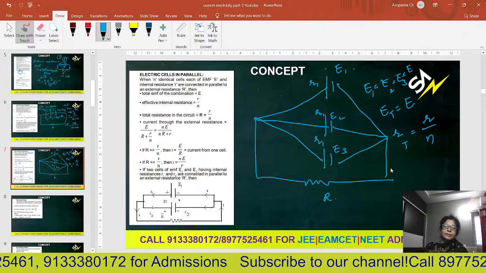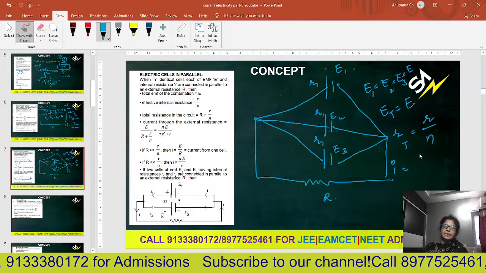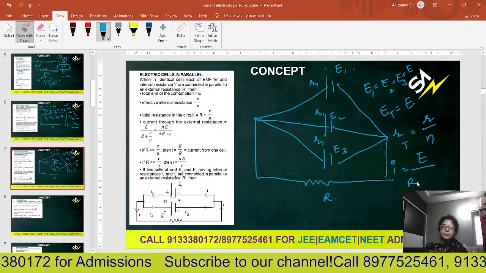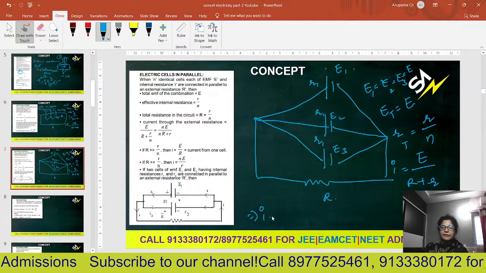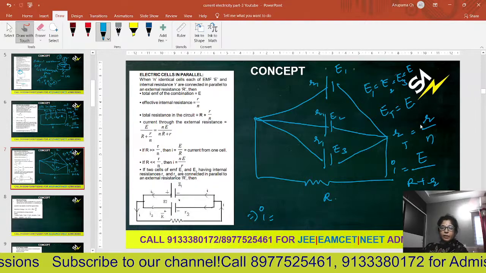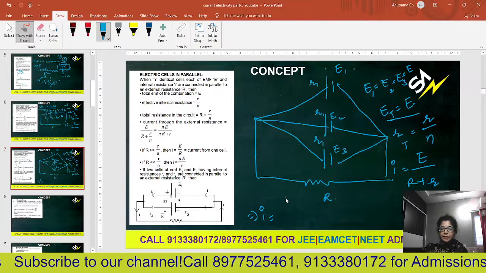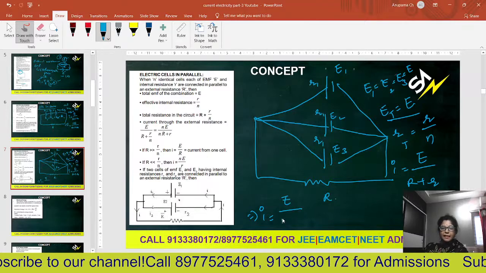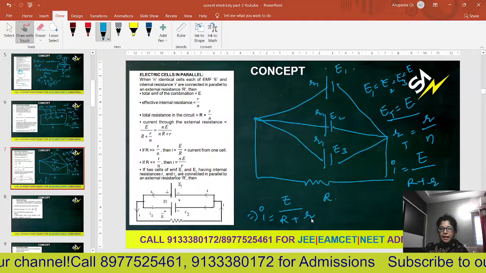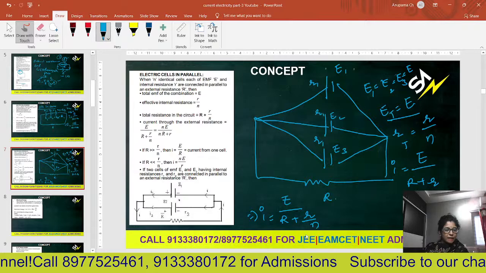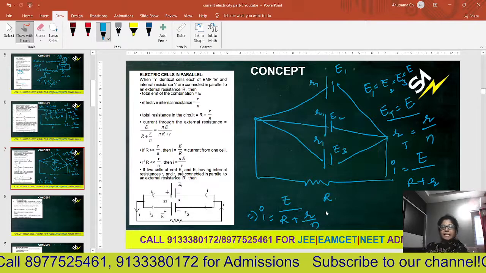Now we will put this in the I formula. I is equal to E by R plus r is the original formula. Then we get I is equal to E by, what is the total EMF here? E only, and the total resistance will be R by N. Now take the LCM of this.